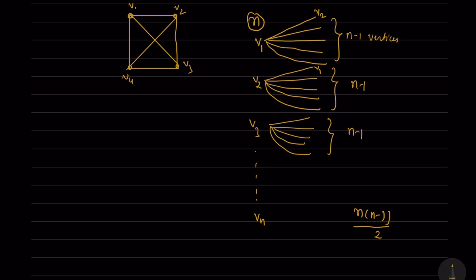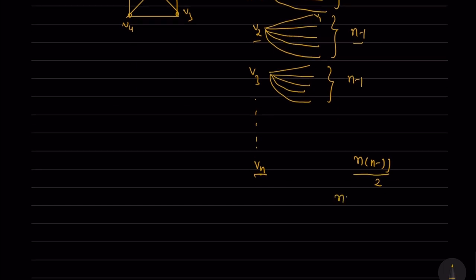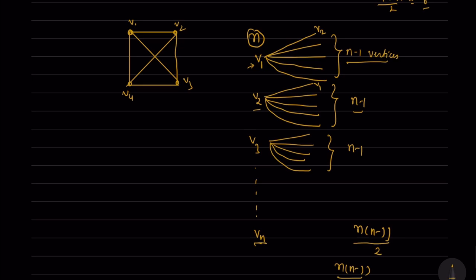We are counting the possibilities: v1 is connected to n minus 1 vertices, v2 is connected to n minus 1 vertices, and we have n vertices in total. So the number of possible ways is n into n minus 1. But half of the edges are repeating, because v1 is connected to v2 and v2 is also connected to v1.